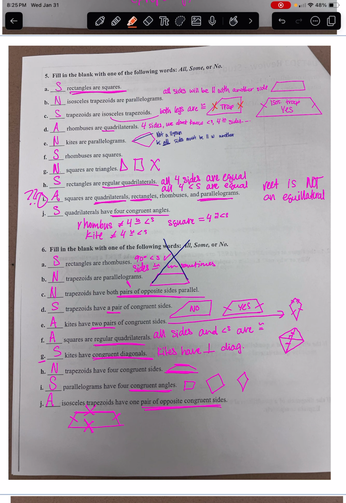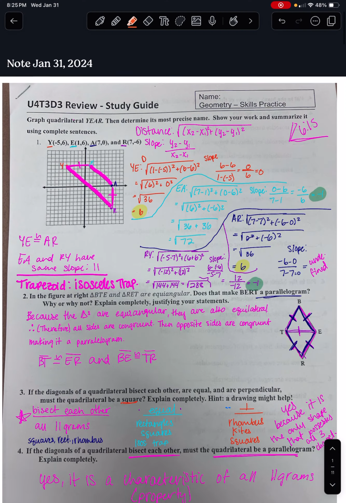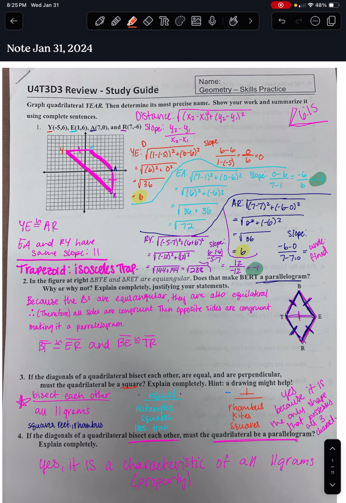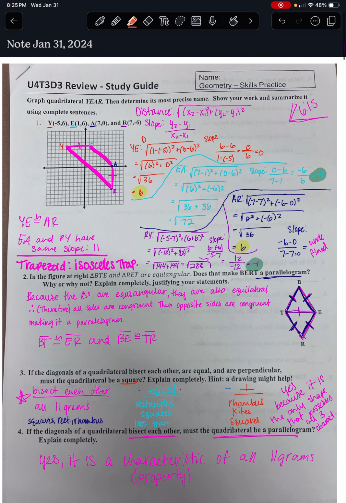No. But sometimes. Are all trapezoids isosceles trapezoids? No. Are all isosceles trapezoids trapezoids? Well, kind of, yeah. But it's more precise. Just take your time. Really focus on what you're trying to read. Draw it out. And hopefully these videos helped you.